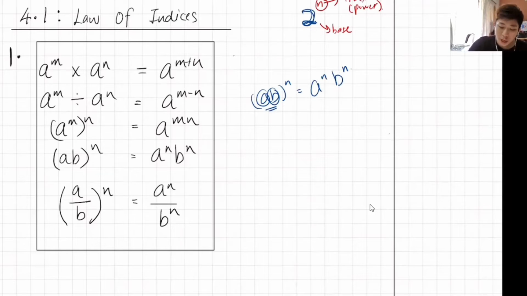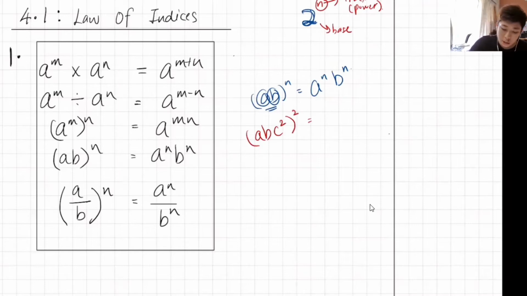You might ask me, how do I spot this? As I said, when you have alphabets sticking to each other, this is basically a to the power of n times b to the power of n. When you have variables, unknowns sticking to each other, they are basically multiplying each other. So let's just say you have (abc squared) to the power of 2, what do you get?